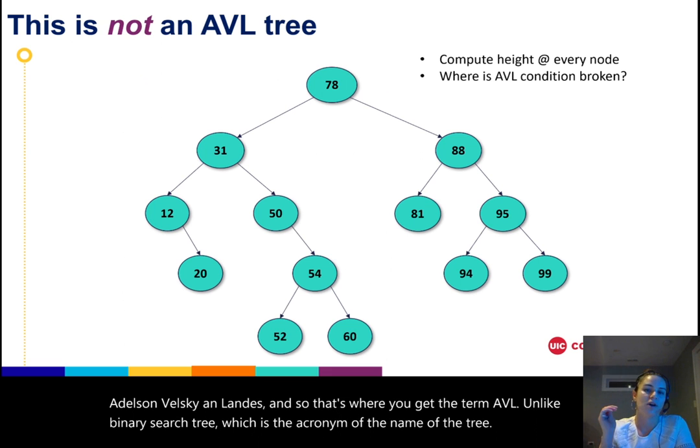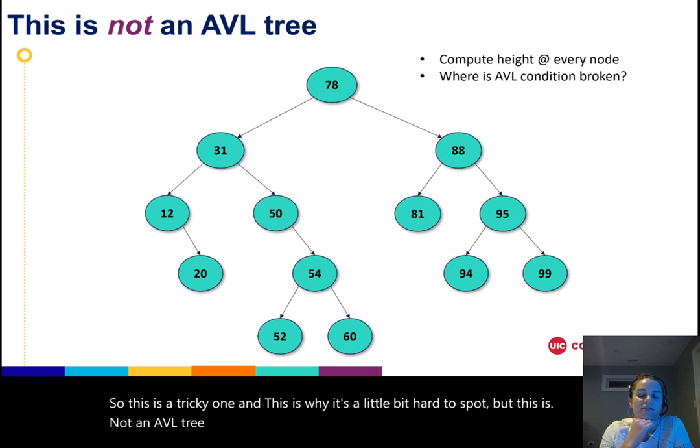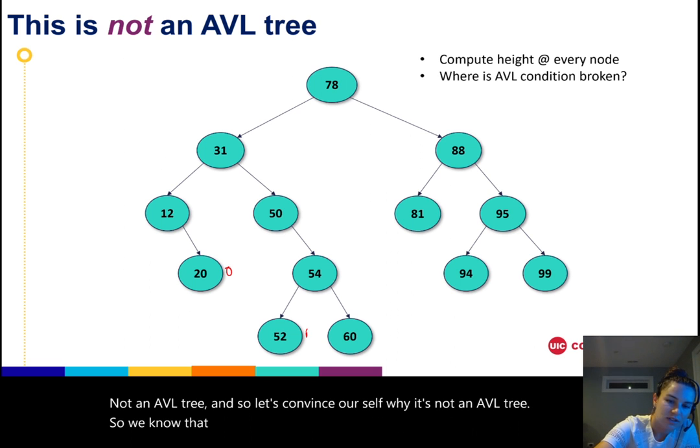This is a tricky one, and this is why it's a little bit hard to spot, but this is not an AVL tree. Let's convince ourselves why. We know that all the leaves have a height of 0, so let's start there.